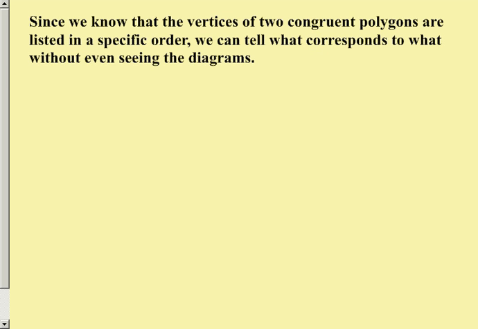Okay. Now, one neat little thing about this is since we know that the vertices of 2 congruent polygons are listed in a specific order for a specific reason, we can tell what corresponds to what based simply upon the names of 2 congruent polygons without even seeing the pictures.